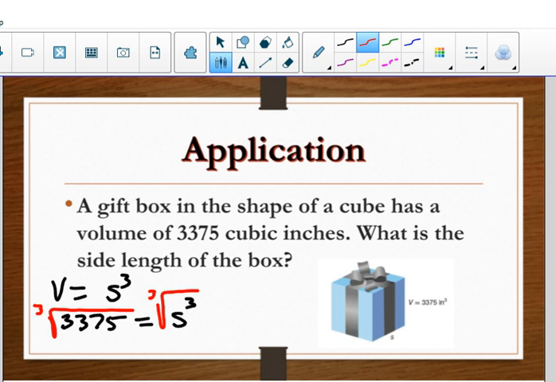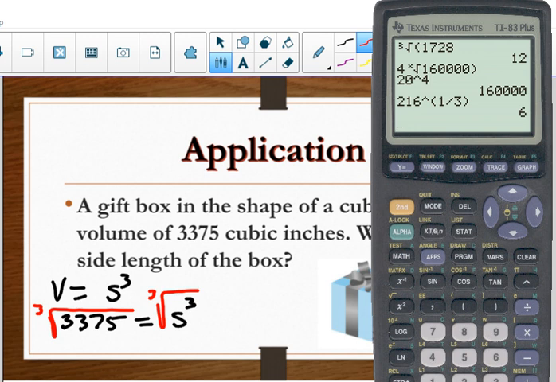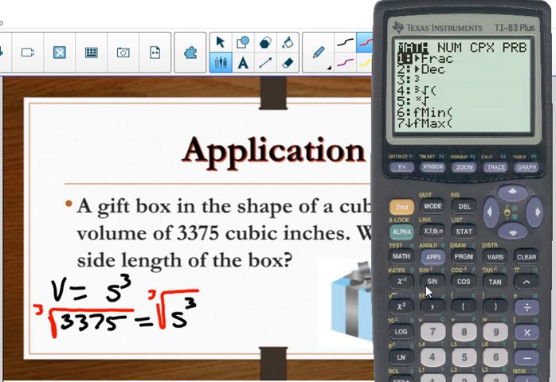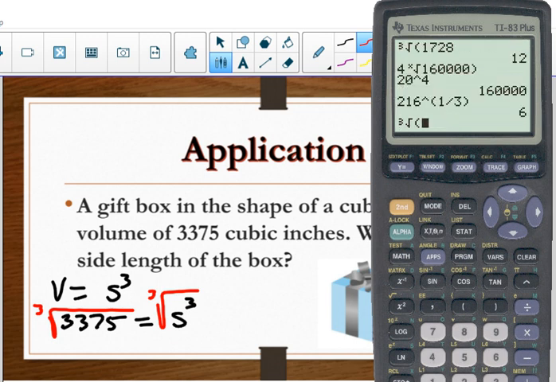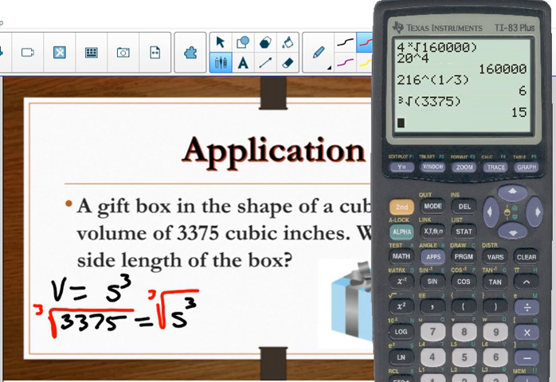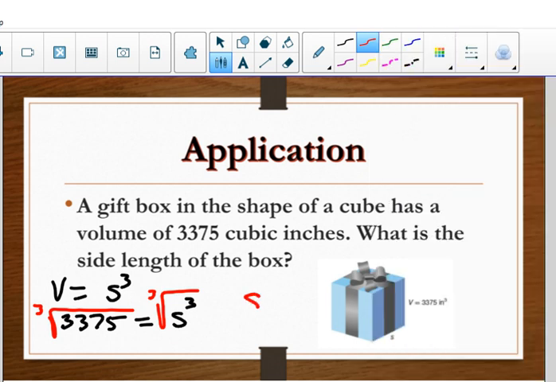If we take our calculator, hit the math button, hit number 4, and type in 3375, you get an answer of 15. So the side length would have to be 15 inches.